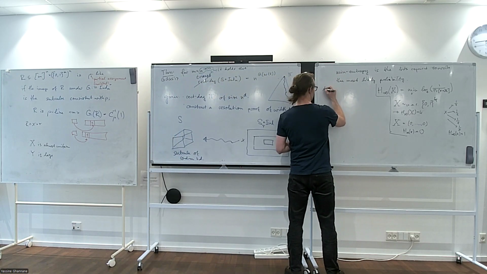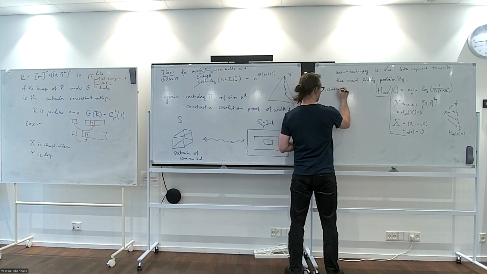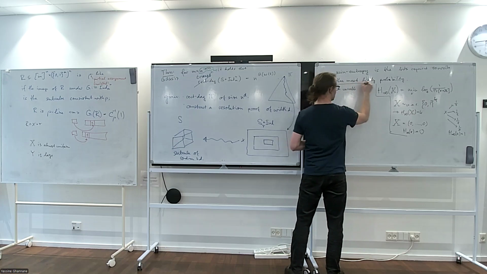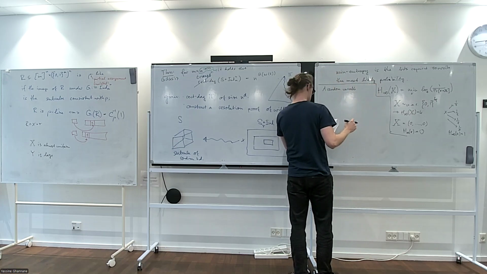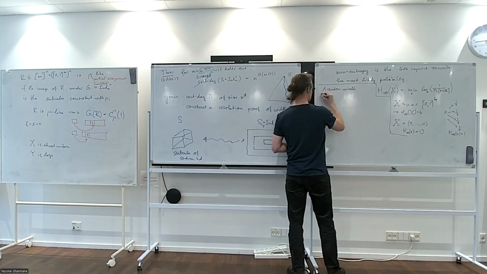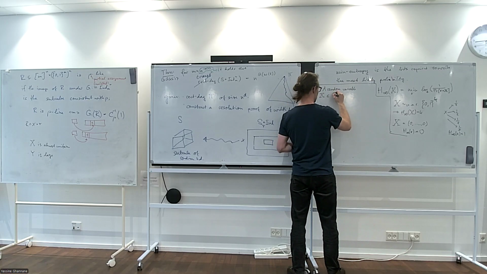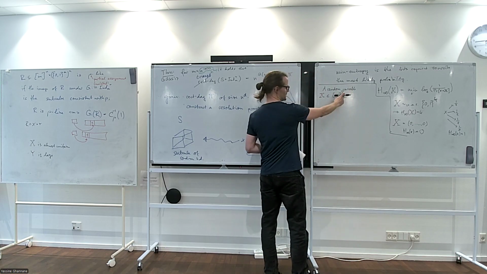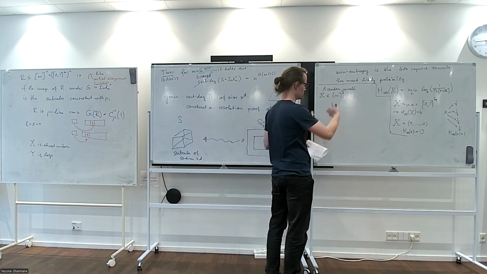So a random variable x in [n]^J, where J is a subset of n, say, because this is what we look at.